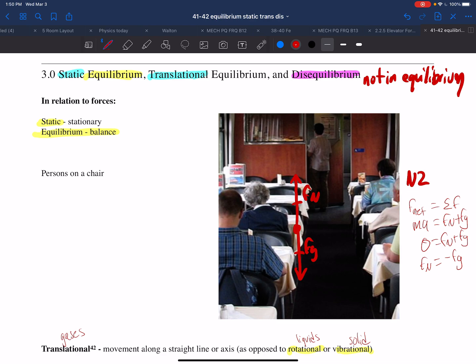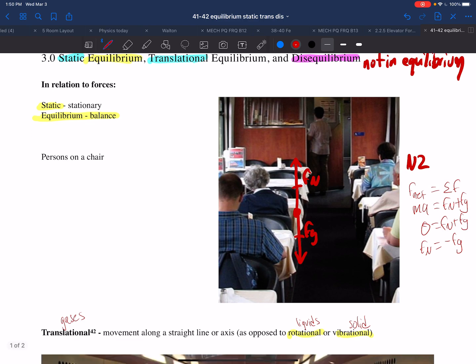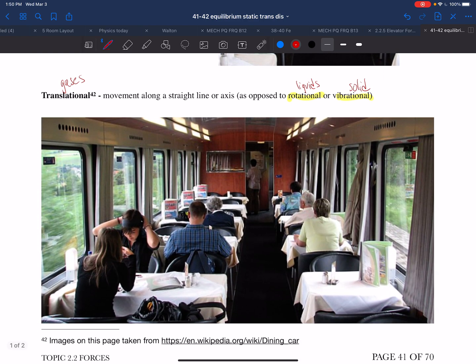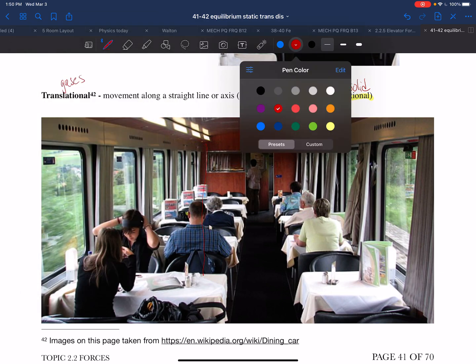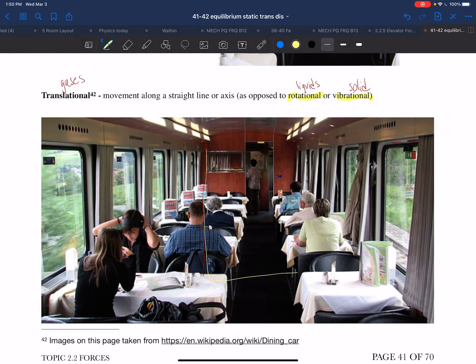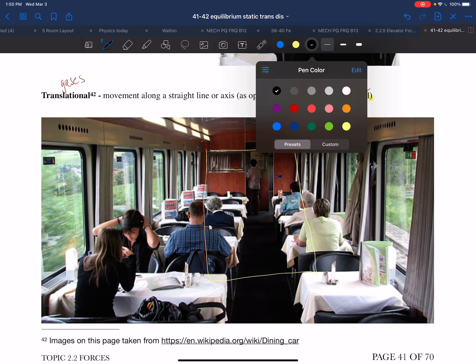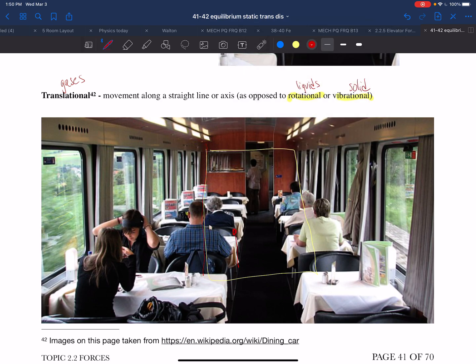Well, so here's this picture of the people in the restaurant, but I tricked you because this picture that I took in the restaurant that looks like this is actually taken in the dining car of a moving train. You can see the countryside passing by. So it is true that we have this lady sitting on the chair with the force of gravity and the force normal, like so.